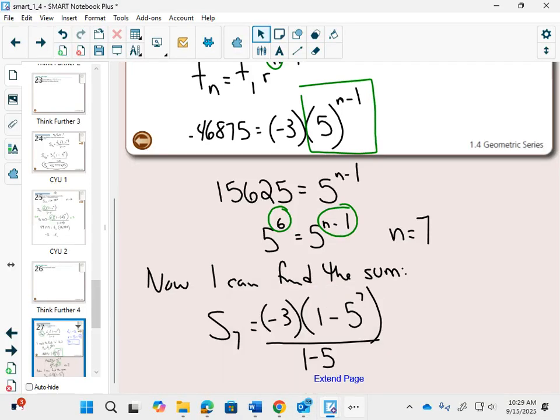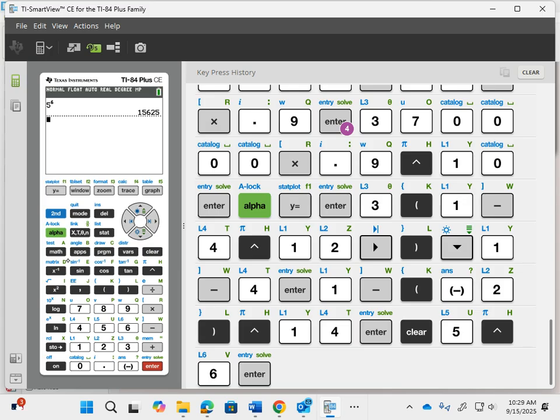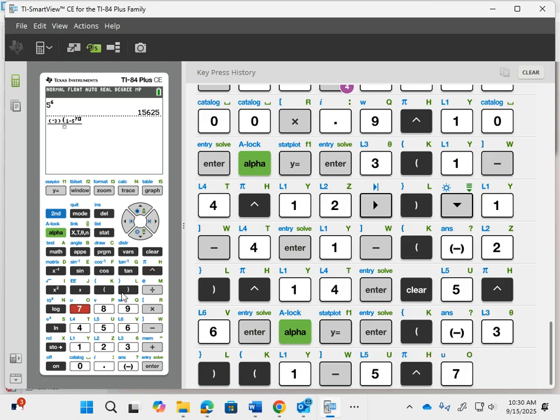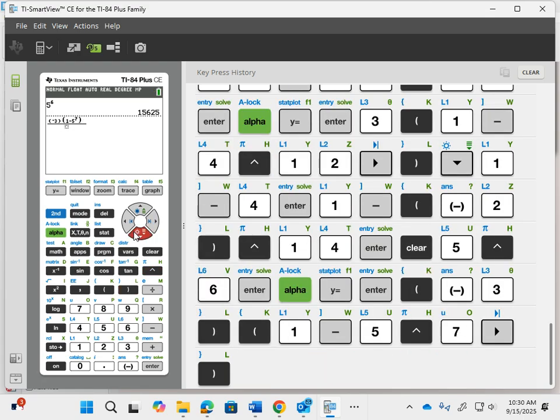If you have a graphing calculator, again, I'd suggest trying to type this in all at once. Bracket, -3, bracket, bracket, 1 minus 5 to the 7, close that bracket, over 1 minus 5. If you don't have a graphing calculator, then do your order of operations, little bit by little bit.